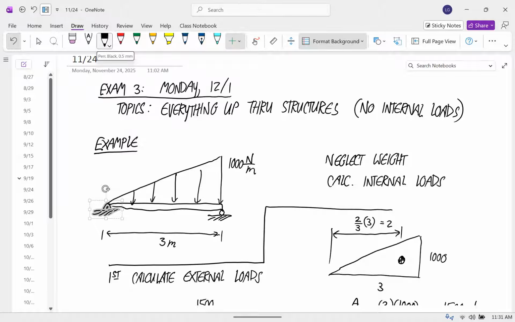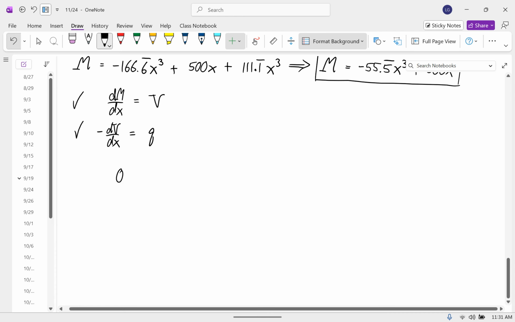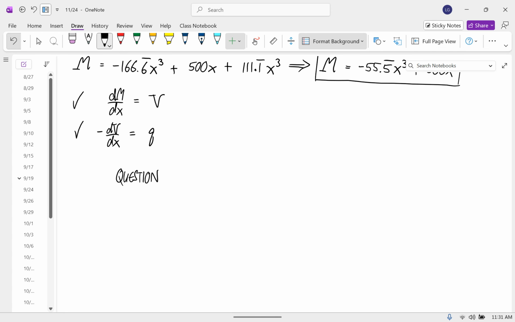Okay, let's do a harder one. Question: what makes this a harder problem?